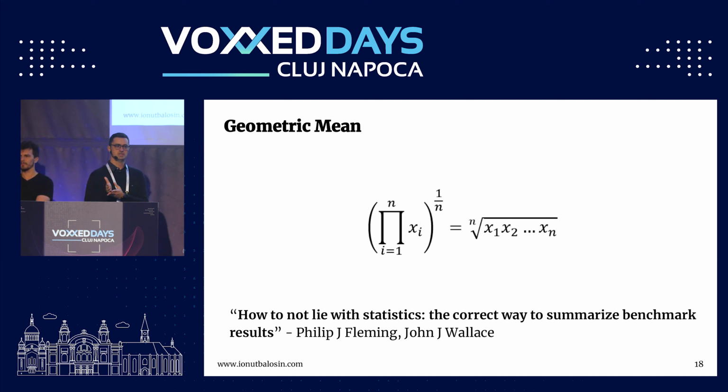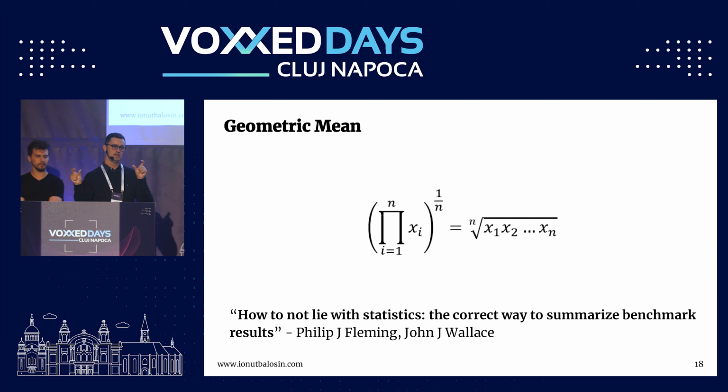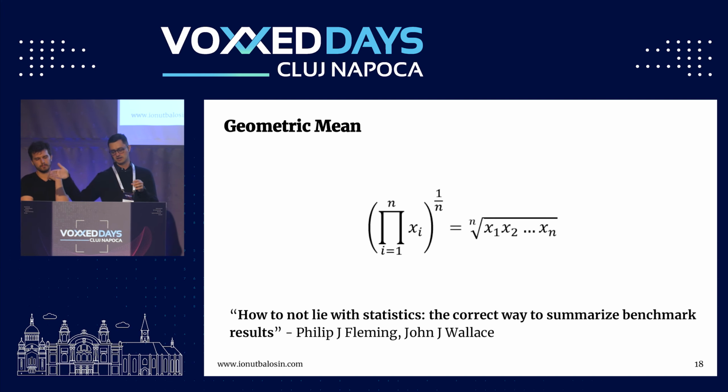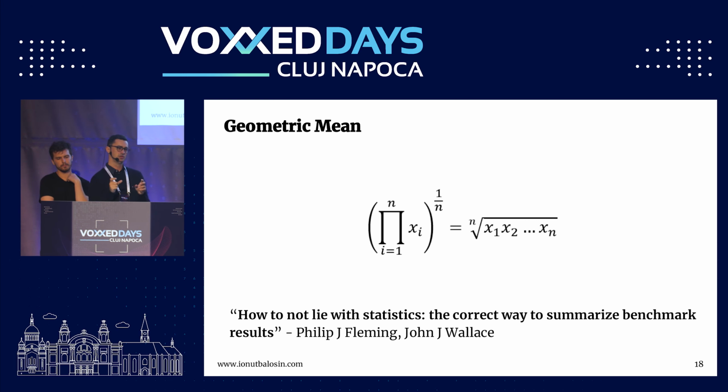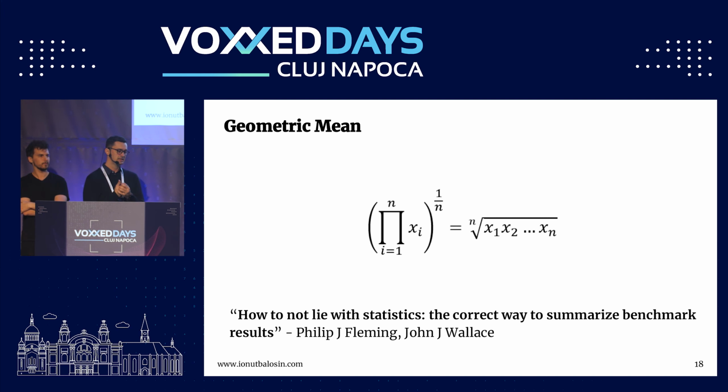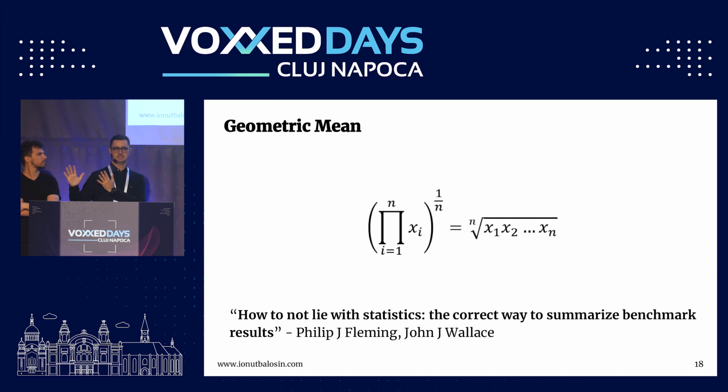The problem with this approach is if you have a lot of results which are very much divergent, so the range is very broad, 1 second, 100 seconds, 10 seconds, 200 seconds. The mean is not an accurate way to quantify. The geometric mean is a better one because it shows you the tendency.